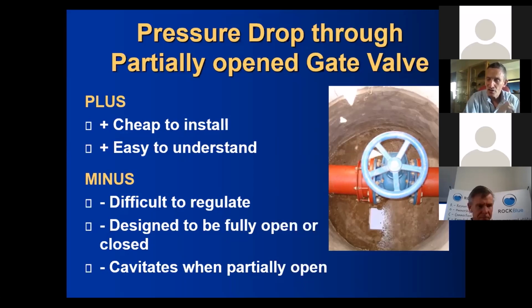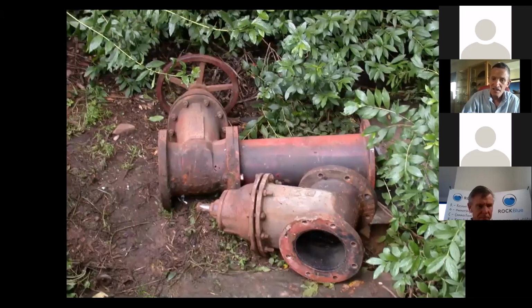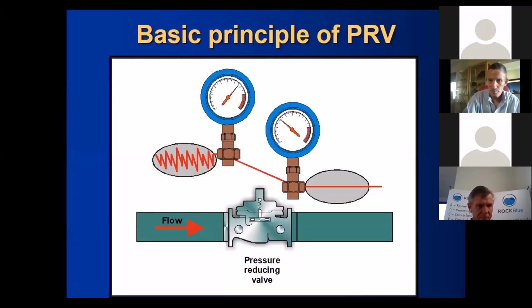In order to reduce the pressure, you have to almost close the valve, so there's only a small amount of area open, and as a result of that, it typically cavitates and causes leakage, and that's not what you want. If you use a gate valve to throttle pressure, you will invariably destroy the seat in the valve, you will get cavitation, you will end up destroying your valve. They are not designed to control pressure.